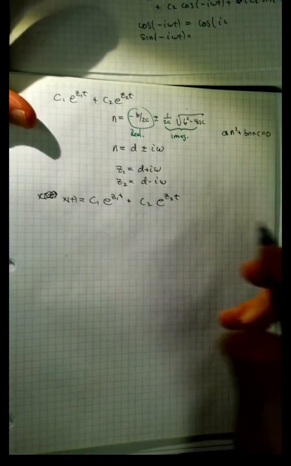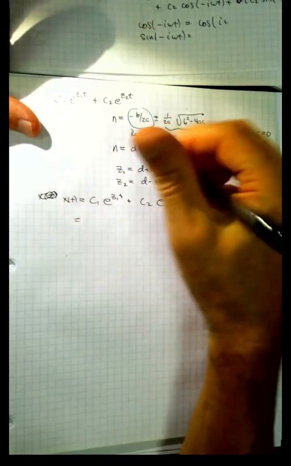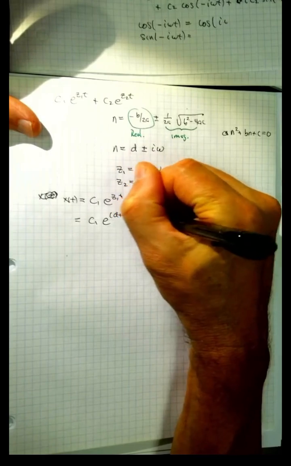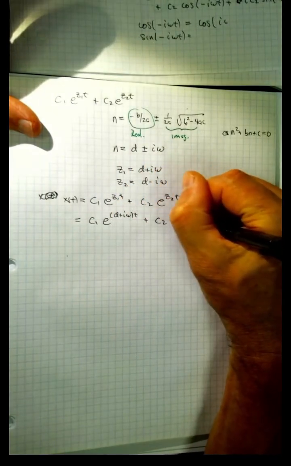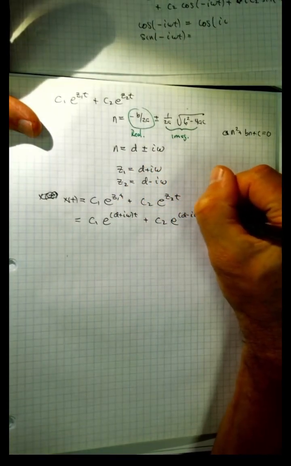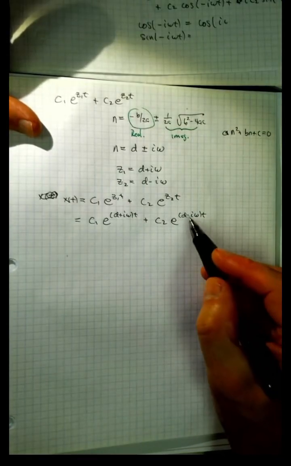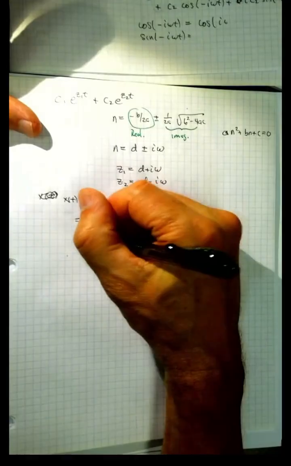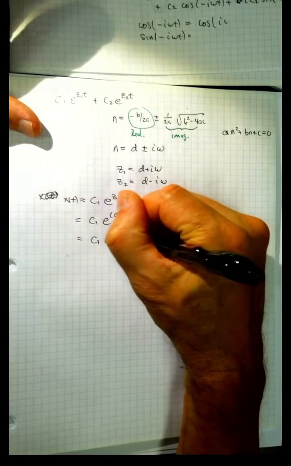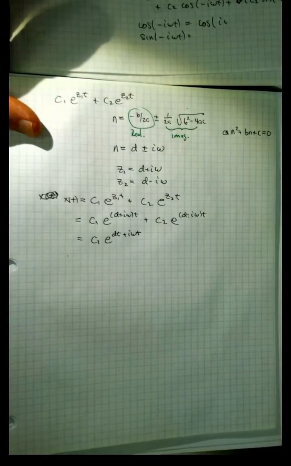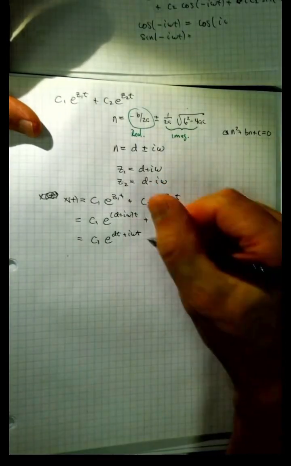Okay, so I'm going to plug in what I know about z1. z1 is going to be d plus i omega t. z2 is d minus i omega t. And this is going to carry on exactly like what we saw before, except there's going to be a minus sign there. So I'll multiply the t through, and so I get dt plus i omega t.